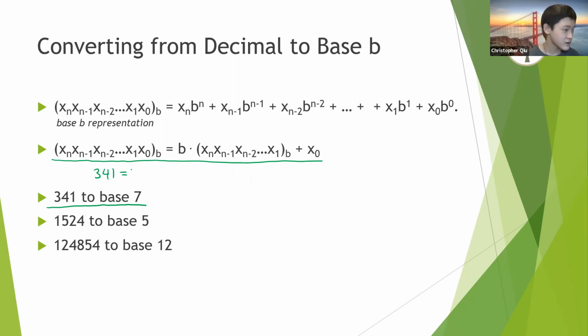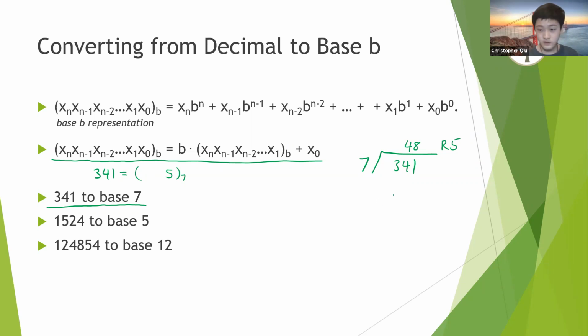So really what's happening here is we're doing division by B. So we'll take 341 and divide it by 7. You can do your division and you'll get 48 with a remainder of 5. So you'll get a remainder of 5, and that will be our unit digit in our base 7 representation.